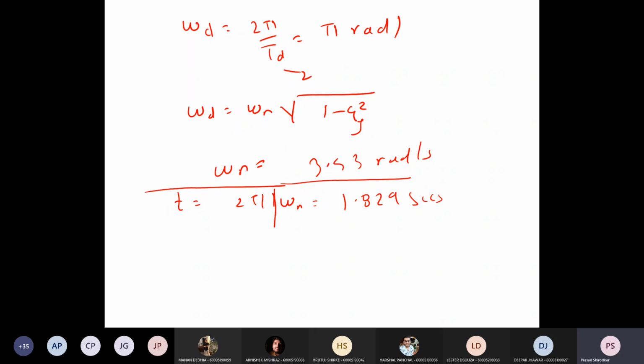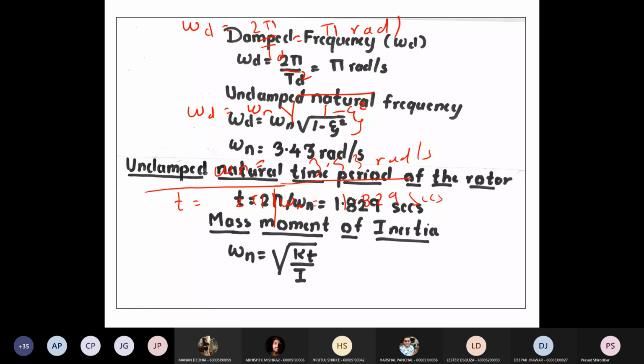And also calculate, the last thing they have asked you to calculate is the moment of inertia of the rotor. So how to calculate that? Anybody other than Abhishek? Omega n equal to the root of k equivalent by I. Sir, Abhishek Mishra. Other than Abhishek, if anybody else wants to answer? All right.